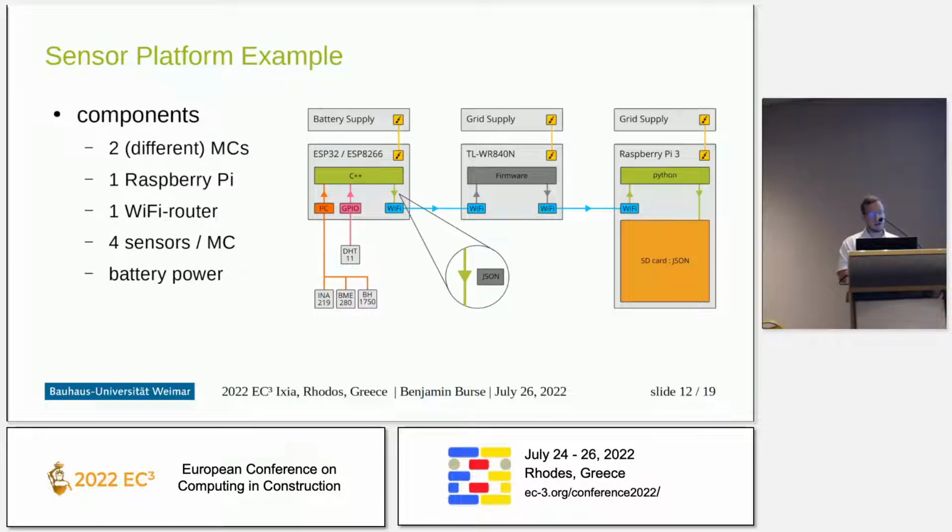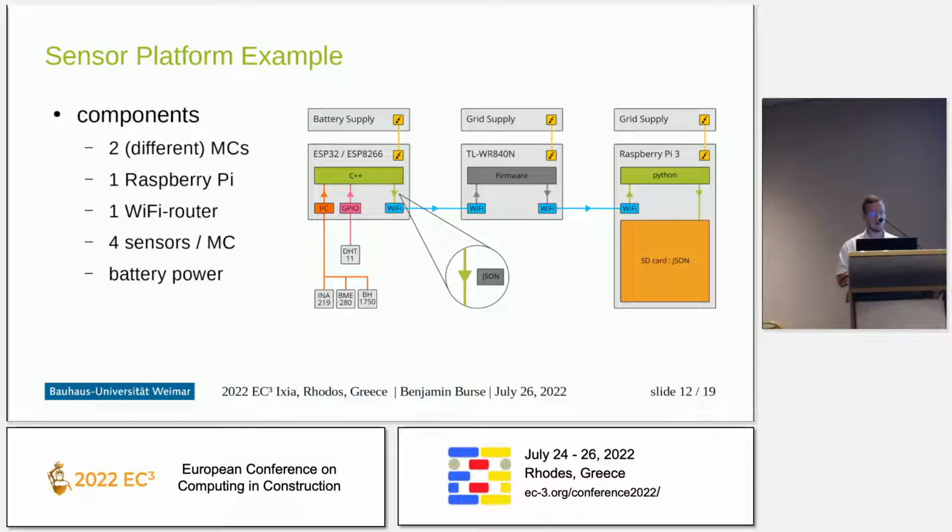And here's the actual design we used for the experiments I will show you in a second. We had these ESP32 and 8266 ones. They were running a C++ application. We used the I2C bus and the GPIO for some sensors. I will show you an image in a second. The data was packed within a JSON package, so everything was in there.